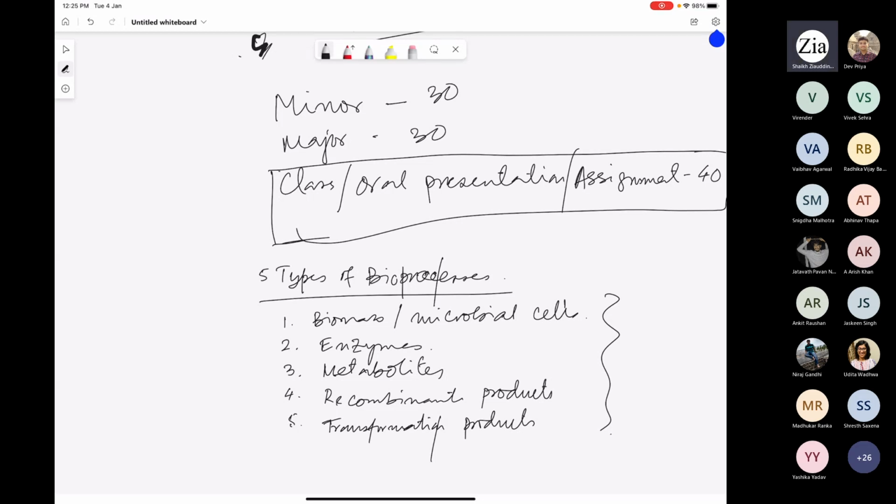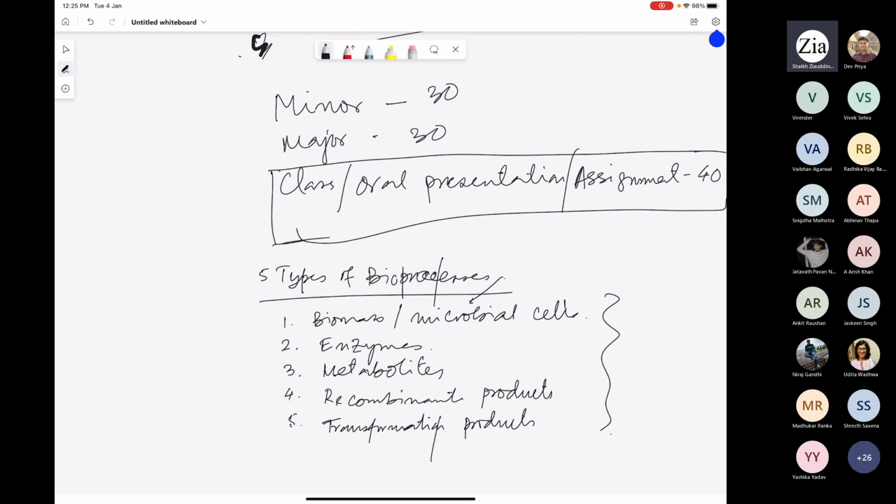If you need to produce a lot of biomass, then the bioprocess will have a target to produce a lot of biomass, where you will try to provide most of the substrate or raw material to the system in such a way that the microbial cells utilize these nutrients to increase their cell number.